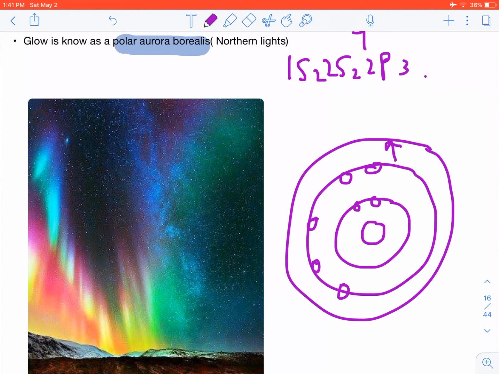So when it moves from a lower shell to a higher shell, it absorbs energy.